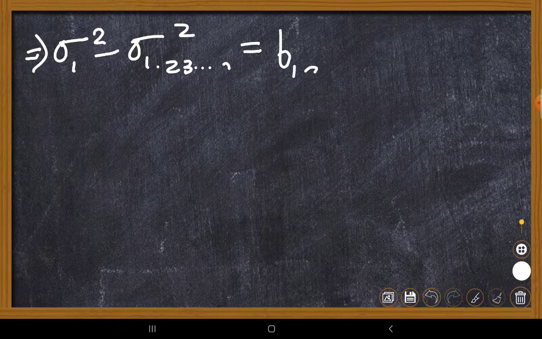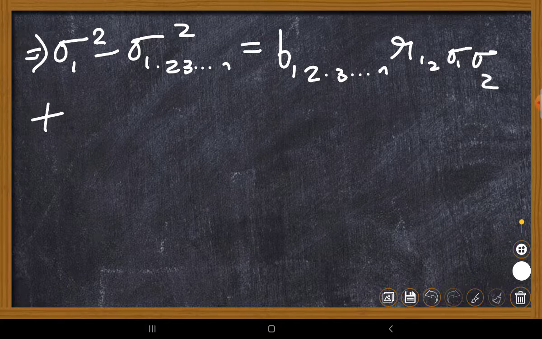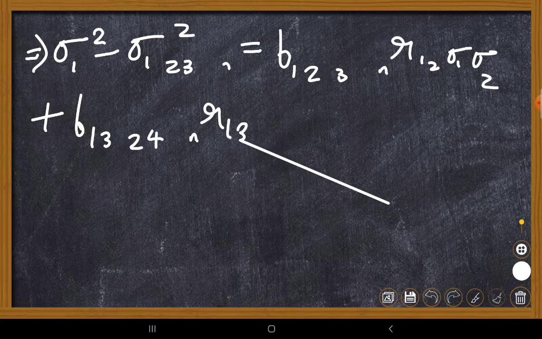So this will be b12.3 up to n, r12 sigma 1 sigma 2, plus b13.24 up to n, r13 sigma 1 sigma 3.